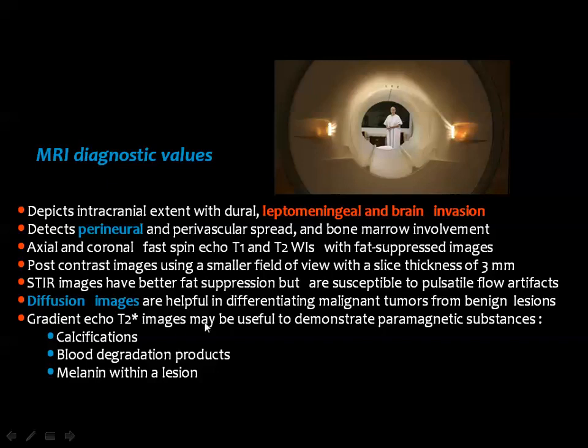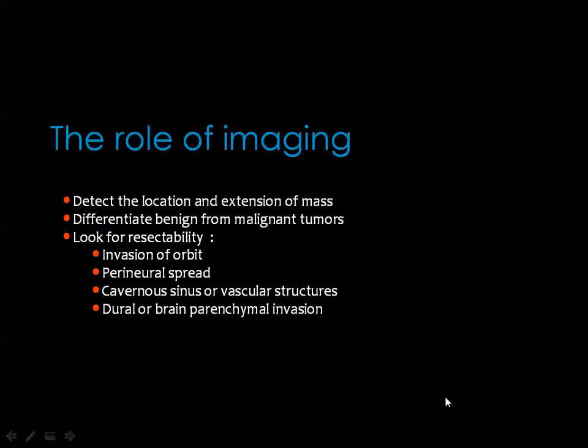Diffusion weighted images are extremely important in evaluation of the head and neck in general and the skull base lesions in particular. The gradient images or T2 star images can show the blooming effect in cases where calcium is present and also hemorrhage or hemosiderin, and sometimes melanin if present.